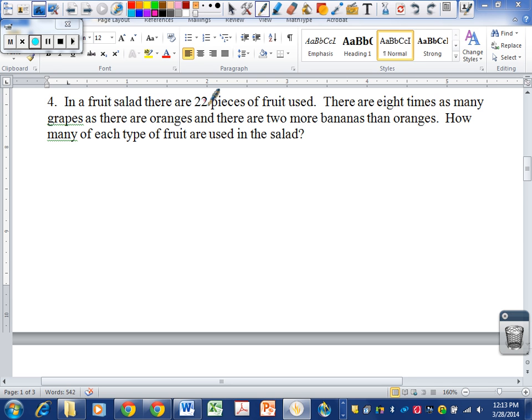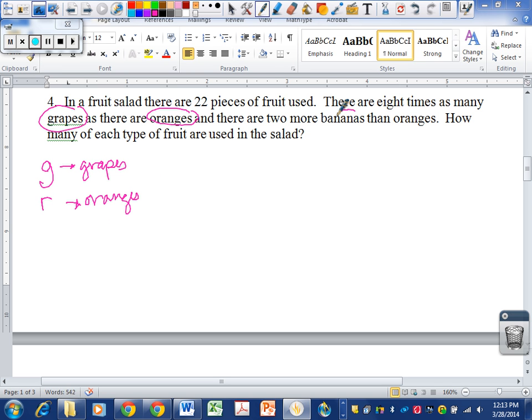Okay, in a fruit salad there are 22 pieces of fruit. There are grapes, G for grapes. There are oranges, R for oranges, because my O's look a lot like zeros and I want to confuse myself.